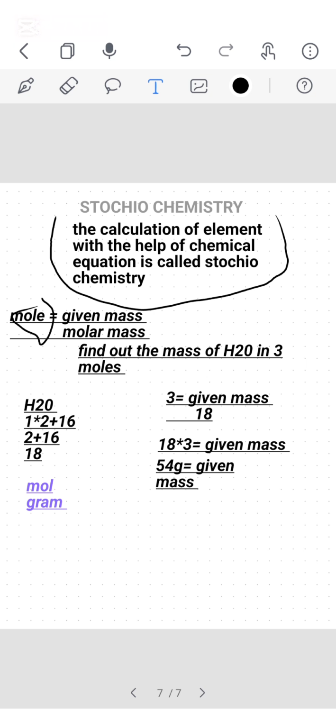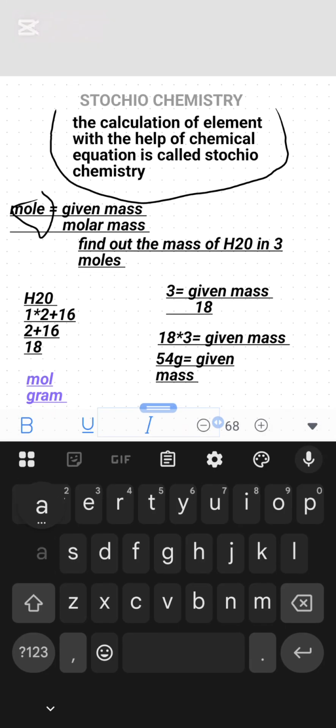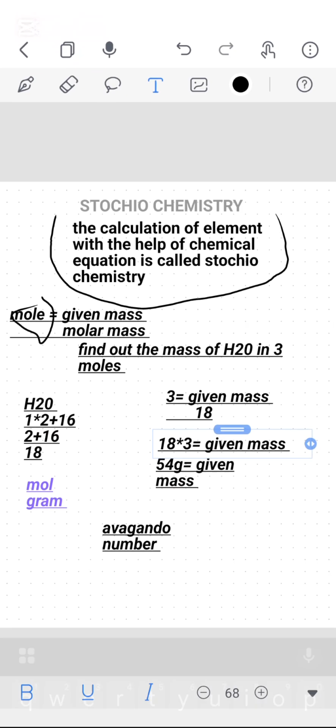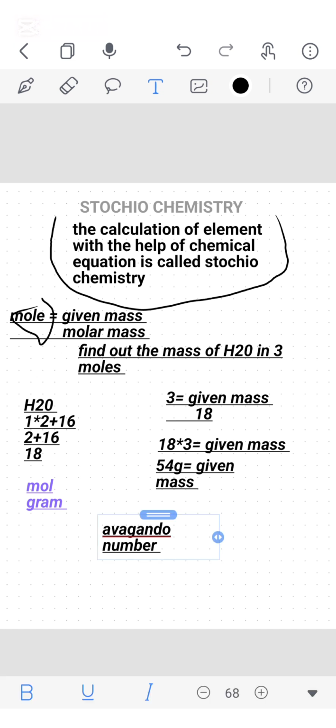That was very simple, and in the next class I will be discussing the same formula, but with a bit of change. There will be the Avogadro number. There's a bit of a mistake in the spelling, so please don't mind it.